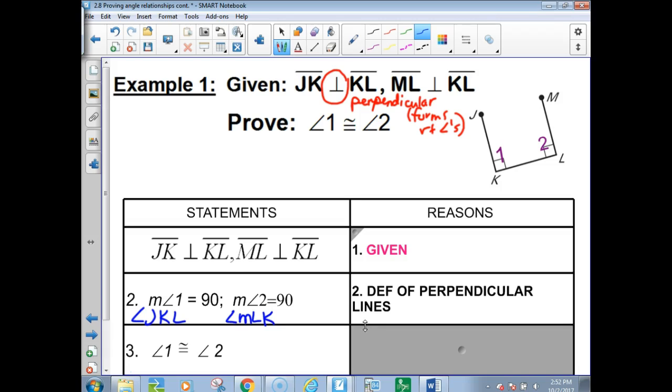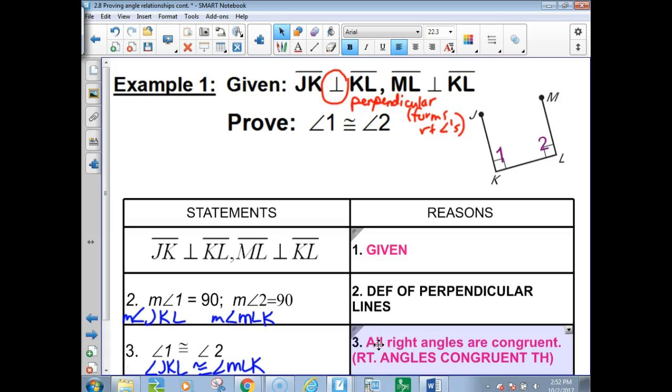So we got definition of perpendicular lines. Now, here it would have been the same replacements for them. If you have the measure of angle 1 is 90, the measure of angle 2 is 90, the measure of angle JKL is 90, and the measure of angle MLK is 90, then angle JKL is congruent to angle MLK, and that would be by transitive property, or, oh no, we're going to use all right angles are congruent.